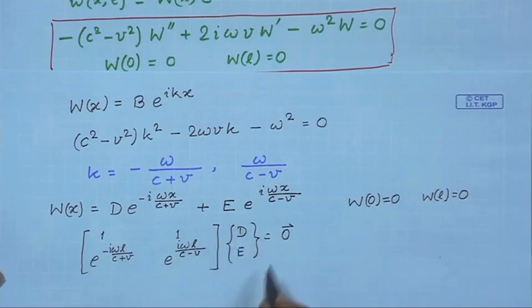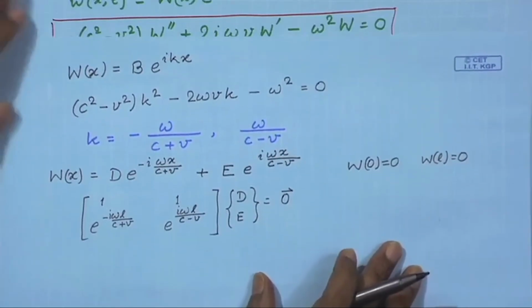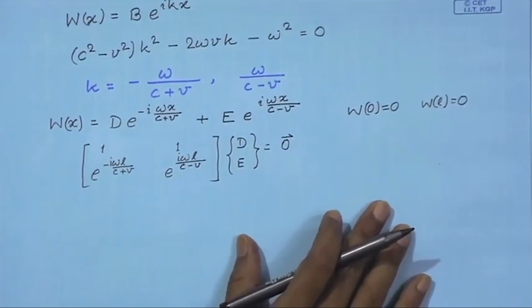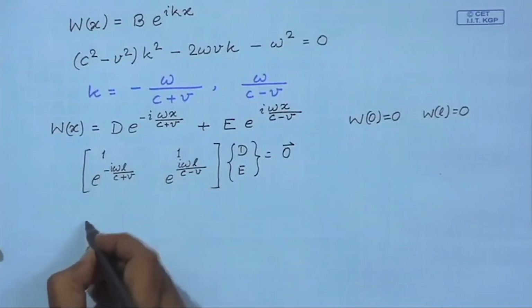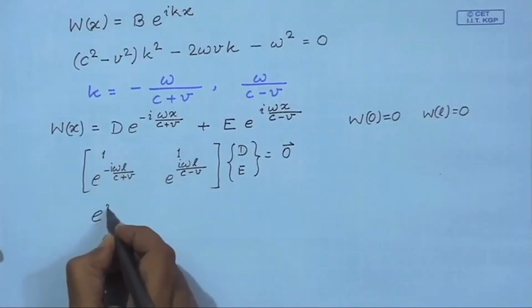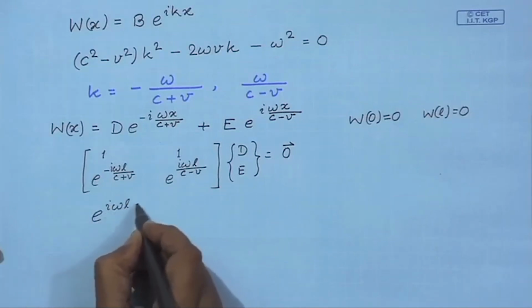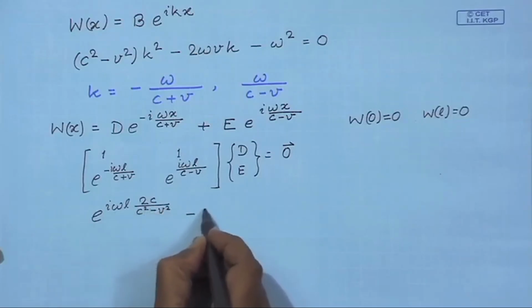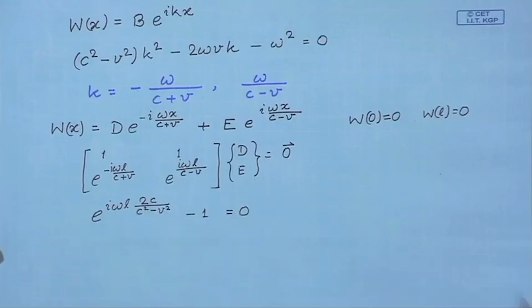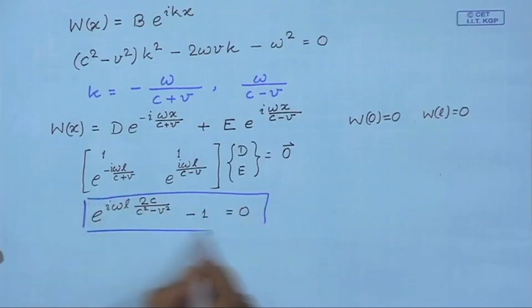And for non-trivial solutions of D and E, the determinant of this matrix must vanish, and that gives us, so this is our characteristic equation.